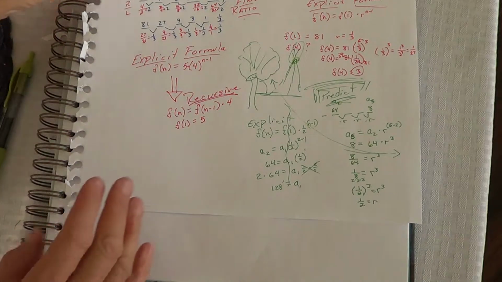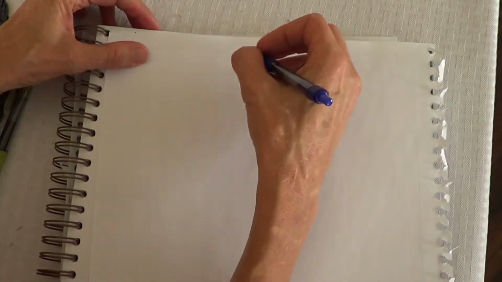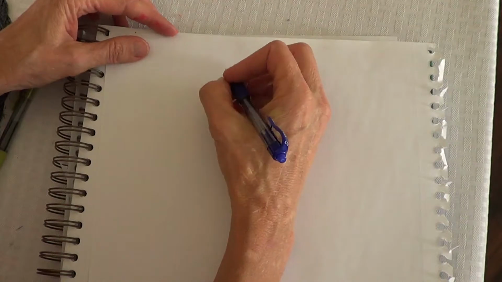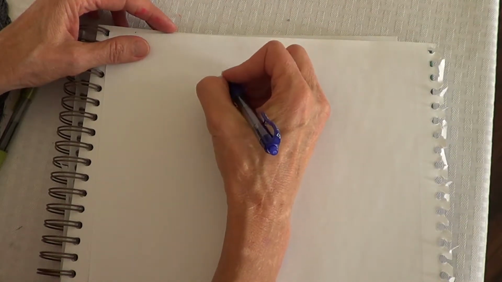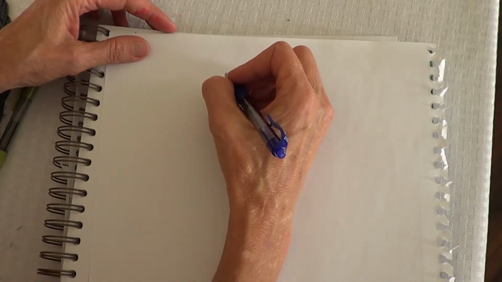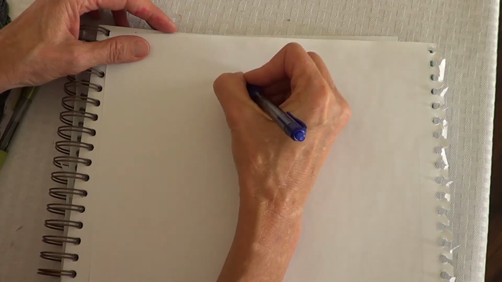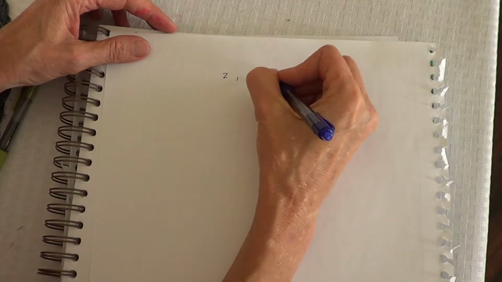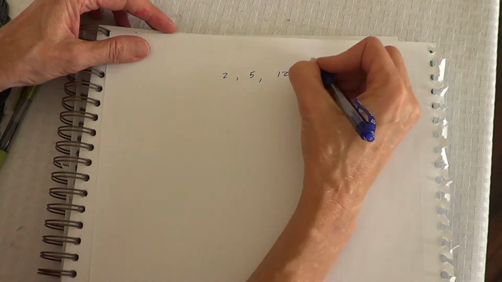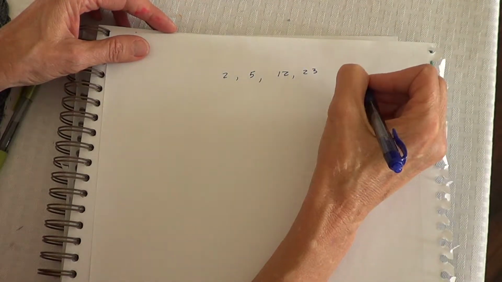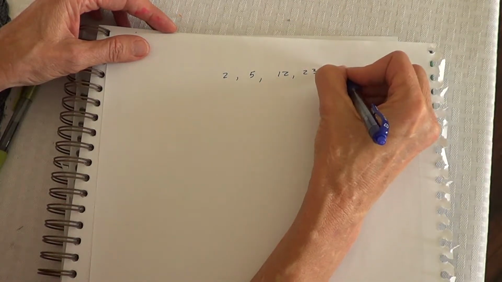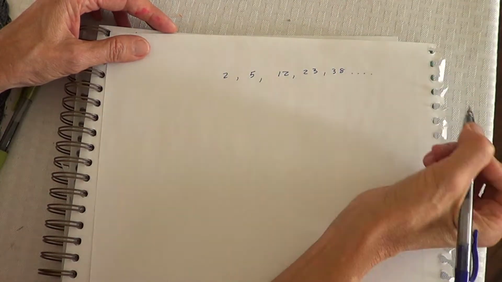I do have one other thing that I want to show you, and that is a cool sequence that you might see, and I want you to be able to really handle this well. Let's say it goes like this. I'm going to give you one. Say I have 2, 5, 12, 23, 38, and I want you to predict the next number.